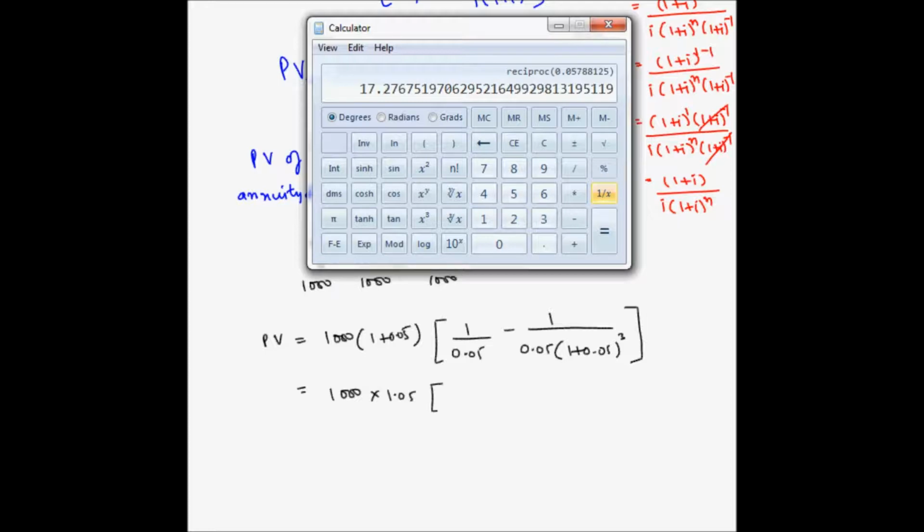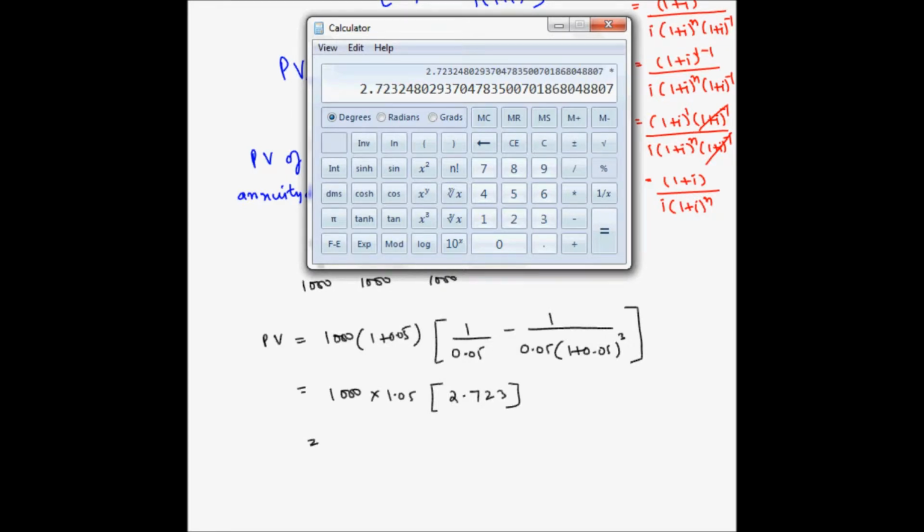And now this is negative. To this we have to add 1 divided by 1.05. So 0.05 reciprocal. So this is equal to 2.723. So let me first note this down. So this is 2.723.